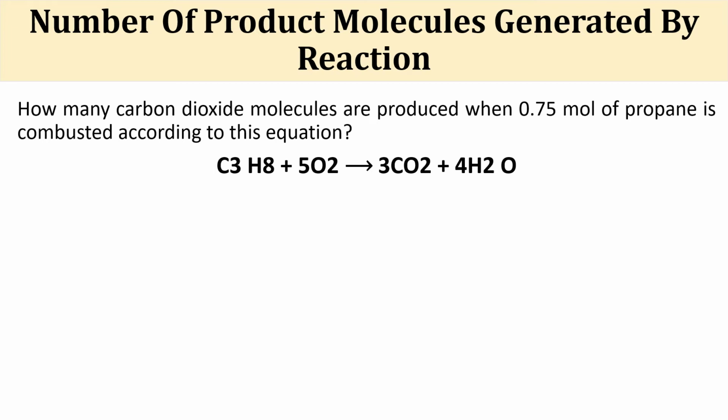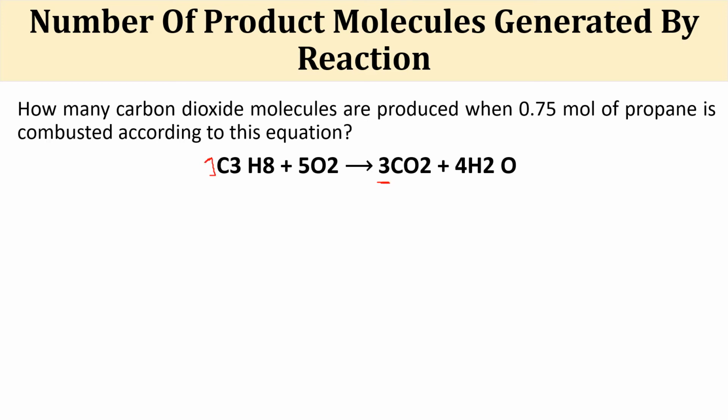The approach to this question is the same as the example we did before, although the absolute number of molecules is requested. So we're going to use Avogadro's number. We know that the balanced equation shows carbon dioxide is produced from propane in a 3:1 ratio. Here is 1.